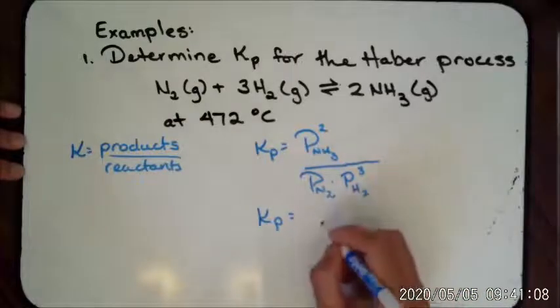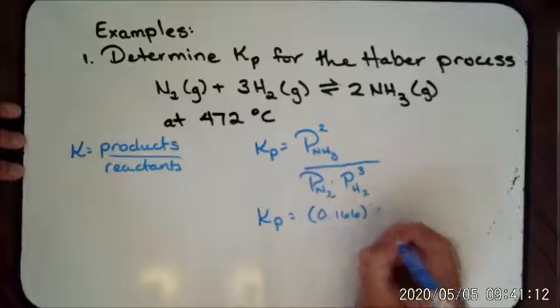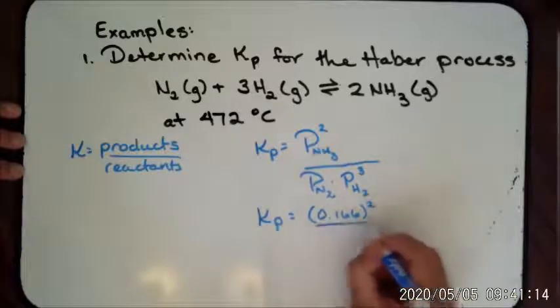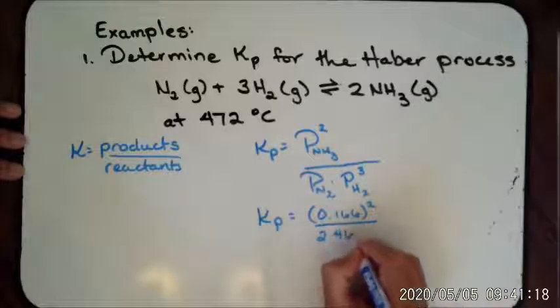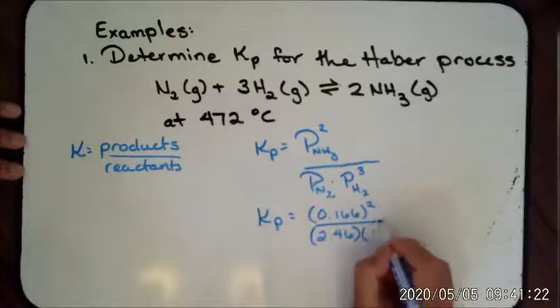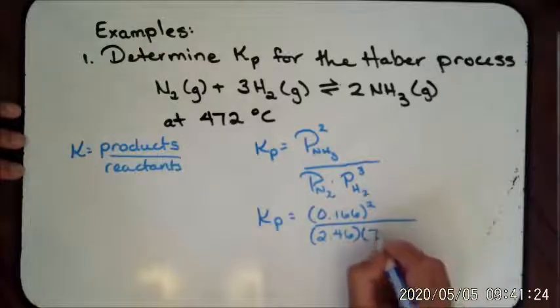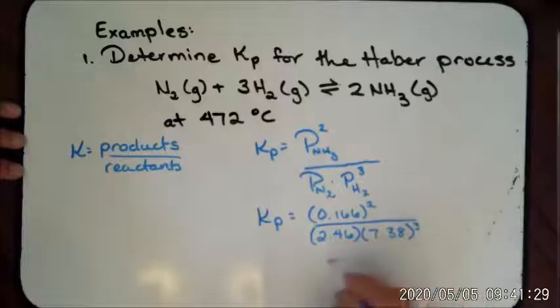The partial pressure of ammonia was 0.166 atmospheres squared. The nitrogen was 2.46 atmospheres. And the hydrogen was 7.38 atmospheres to the third power.